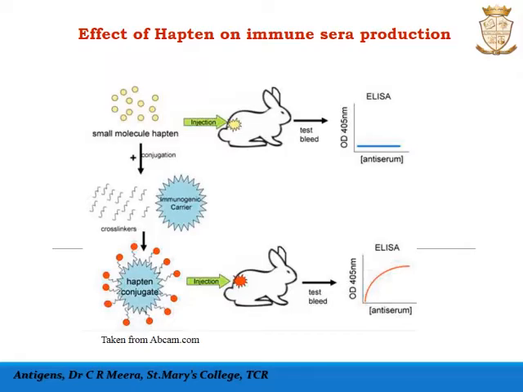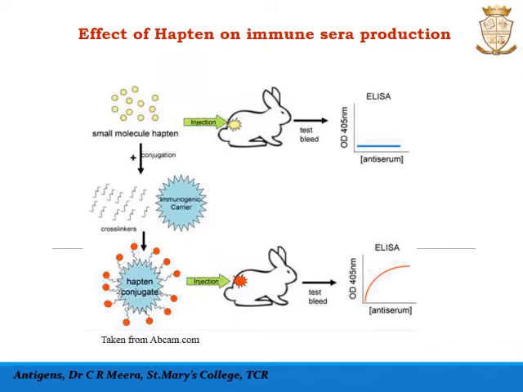Here we can see that if the haptens are injected into a lab animal as such, and if we observe the anti-sera production, there will be no change in the antibody titer. That means no immune response is generated by the hapten.